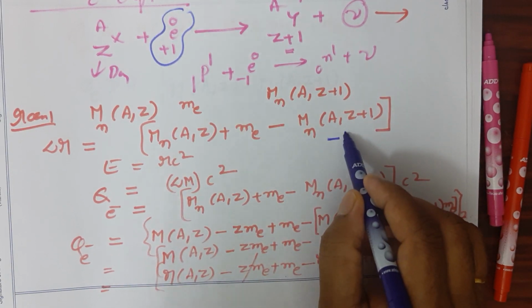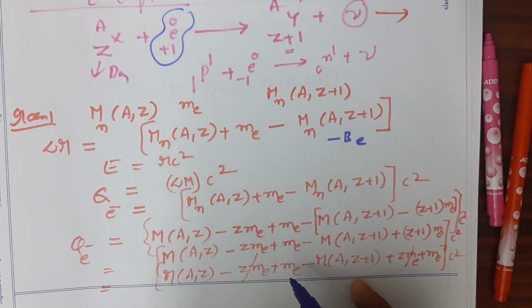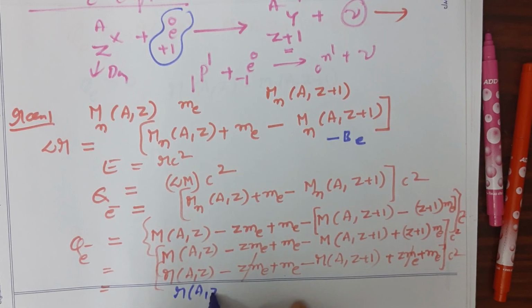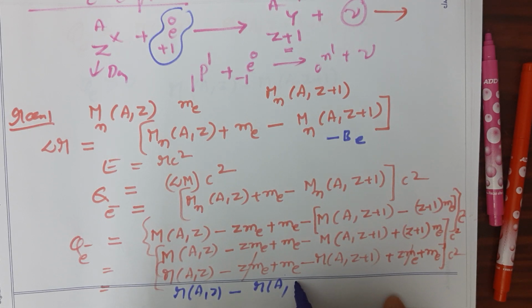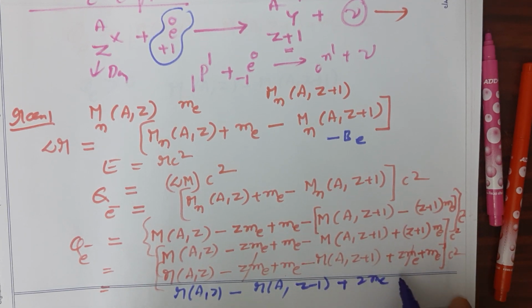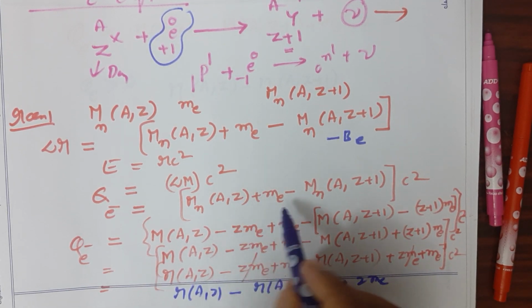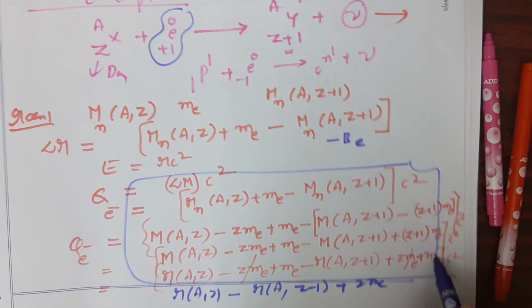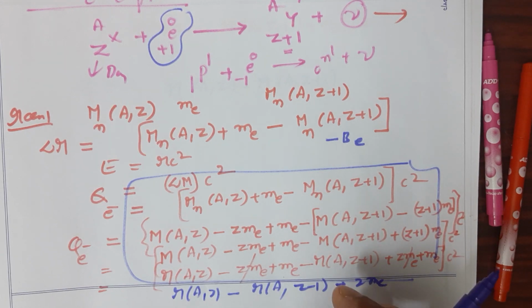So we should write minus Be here. Then finally you will get M of AZ minus M of AZ minus 1 plus 2Me. I think this part will be discussed tomorrow also, right? Thank you.